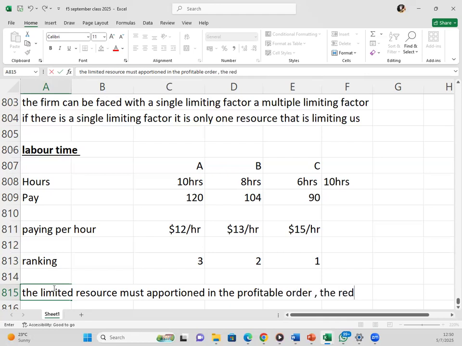The resource or the product, in this case, let's take A, B, and C as products.